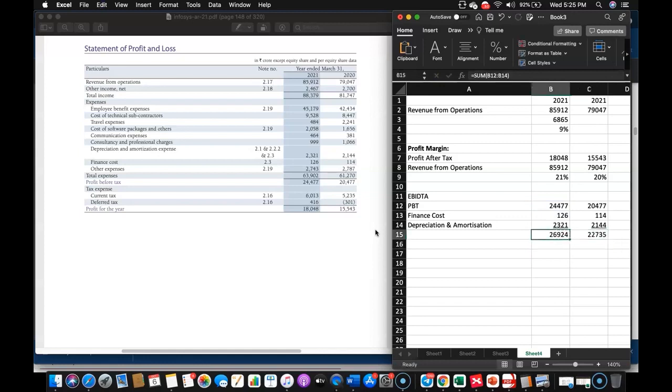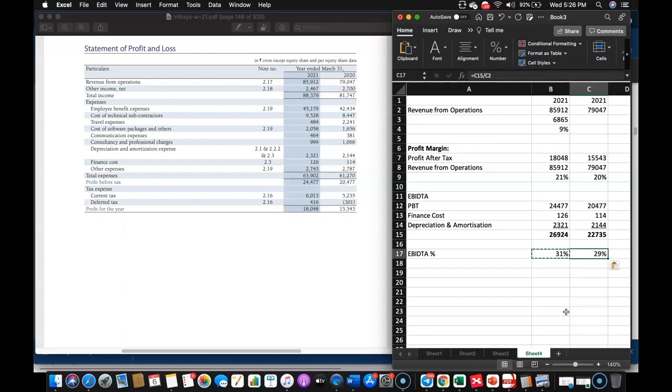Their profit before tax is 24,000, but after giving effect for these two items, their EBITDA is actually 26,924 crore, and previous year it is 22,735 crore. Let's try to express EBITDA margin also. It is 26,924 divided by revenue from operations, which is 31.33%. We'll say 31%. So EBITDA margin is 31%.